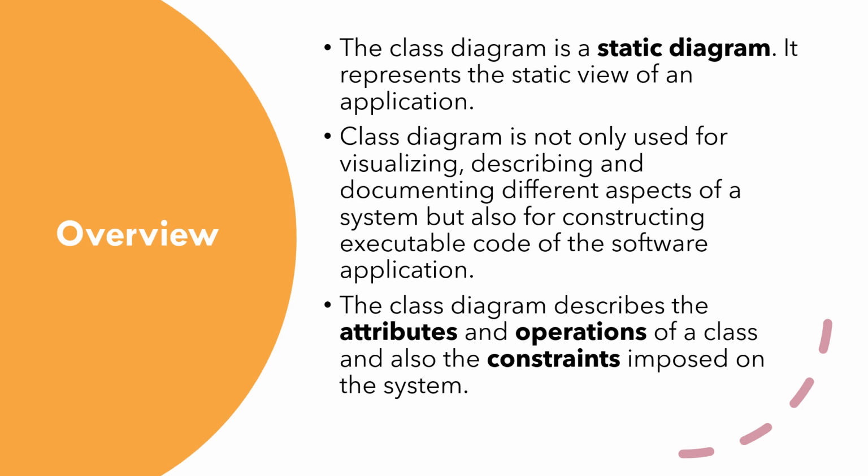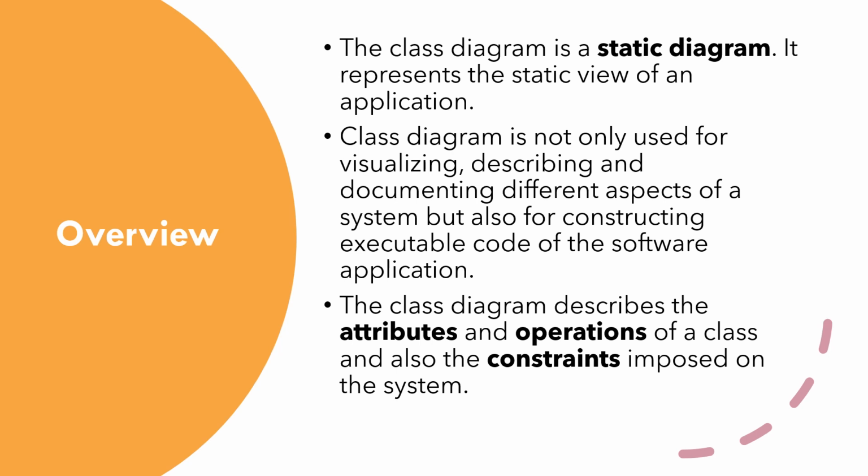Unlike the ER, which also gives us a static diagram but contains less information than the class diagram. It describes the attributes together with the operations of the class, and also the constraints.